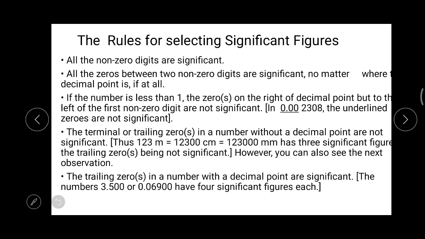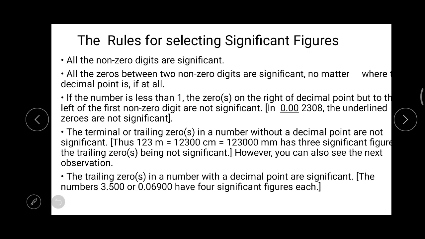So we have studied that in the case of conversion of units, the number of significant figures should be the same, isn't it? So here it is given 123 meter. When you are converting, in 123 meter there are 3 significant figures. When you are converting that into centimeter, you have to multiply that with 100, then it will become 12,300.